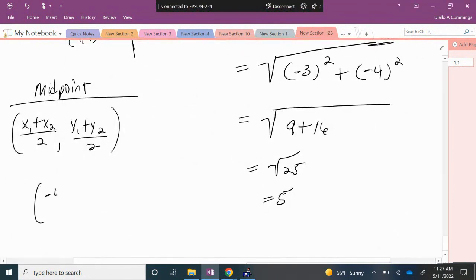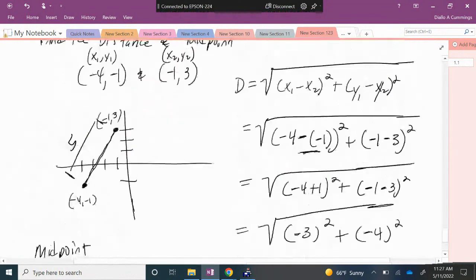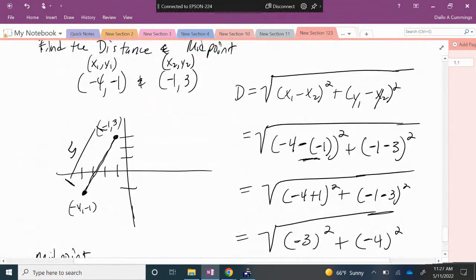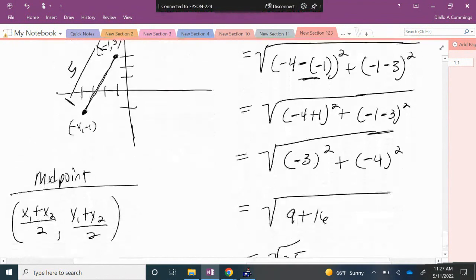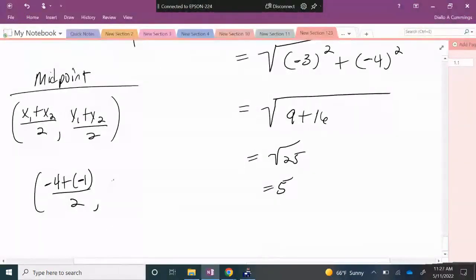So we have (-4 plus -1) divided by 2, comma, y sub 1 is -1, y sub 2 is +3, so (-1 plus 3) divided by 2.